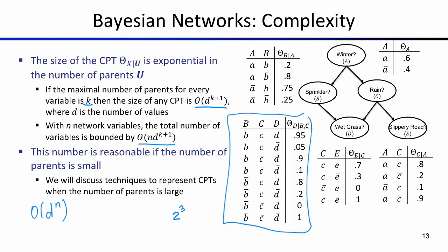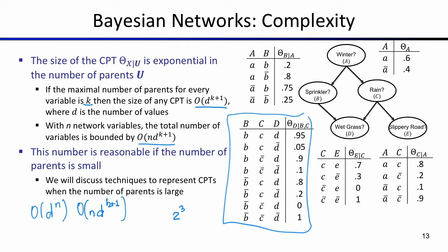So the size of the largest one will be d to the power of k plus 1. And we are thinking about an upper bound, right? And we have any of those tables. So it's going to be n times d to the power of k plus 1. And this is an upper bound.